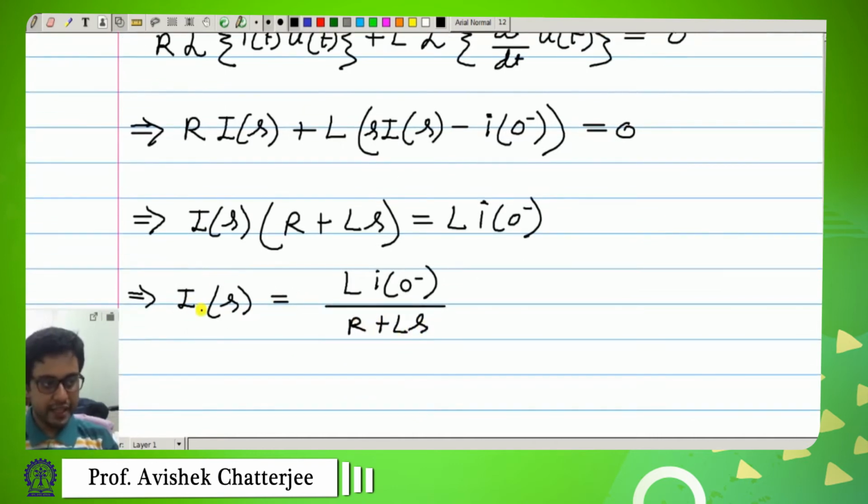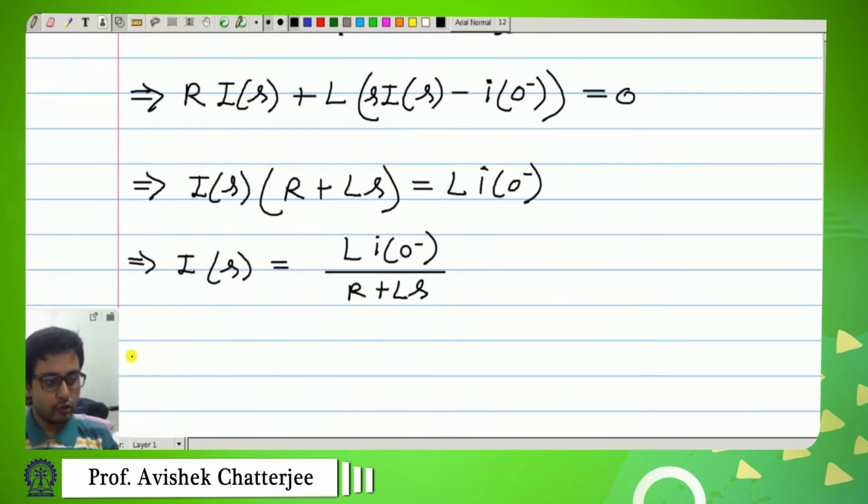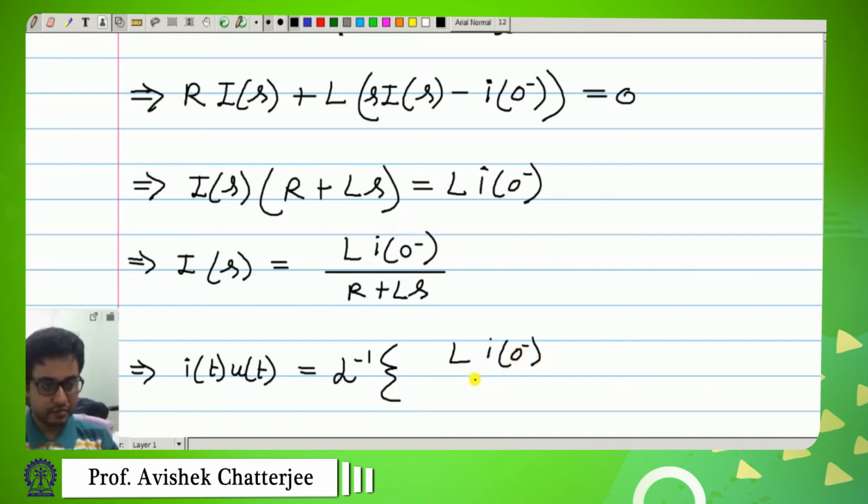Now Is is nothing but the one-sided Laplace transform of this i(t). So from this we can write i(t)u(t) is the Laplace inverse of L I0 minus divided by R plus Ls.